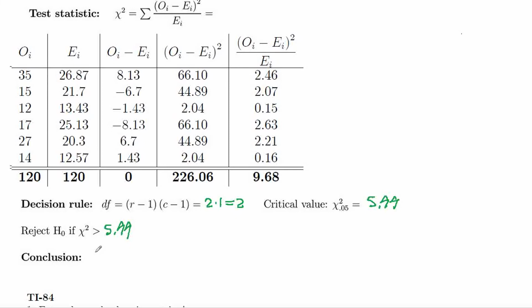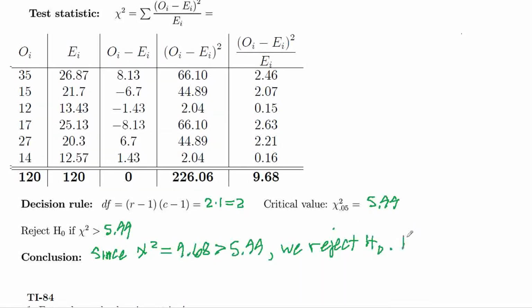And our conclusion here: since our chi-squared test statistic, which is 9.68, is greater than the critical value of 5.99, we reject H0.